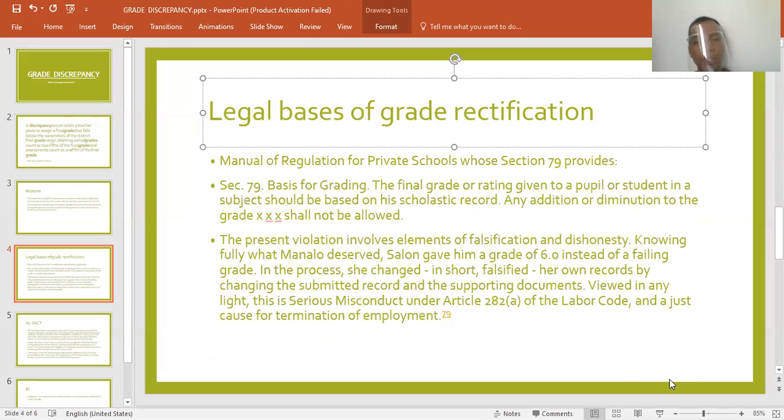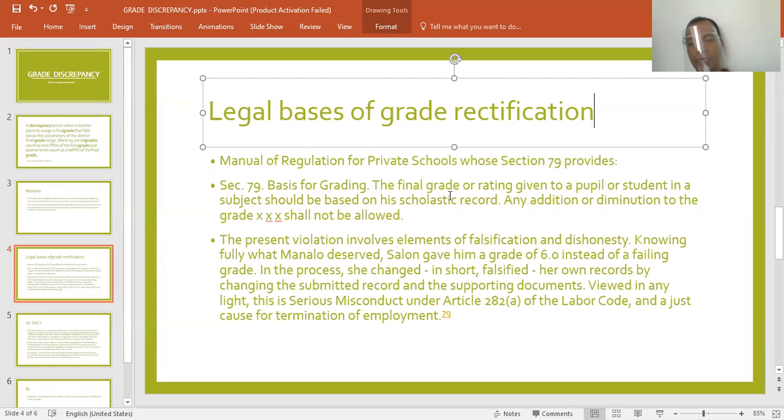If your school is private, then we have what you call the Manual of Regulations for Private Schools. If you are in public, DepEd memorandum, something like that. Section 79 of this Manual of Regulations for Private Schools provides the basis for grading.